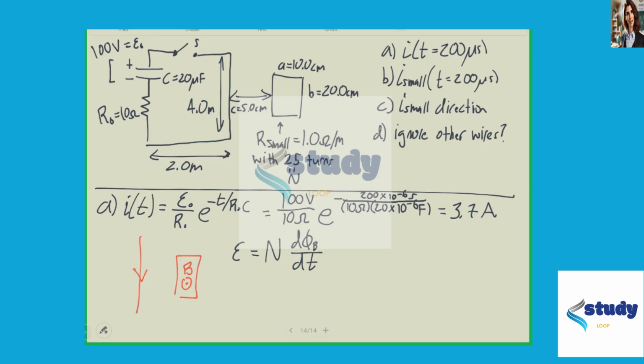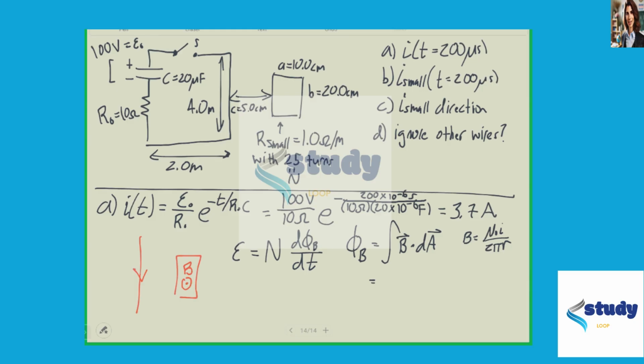So remember that the definition of the magnetic flux is the integral of the magnetic field dotted into the area. The magnetic field is the magnetic field of a long straight wire, which is mu naught I over 2 pi r. That's the magnetic field.